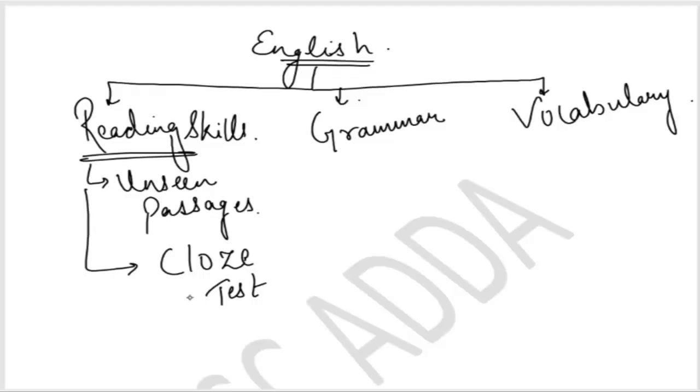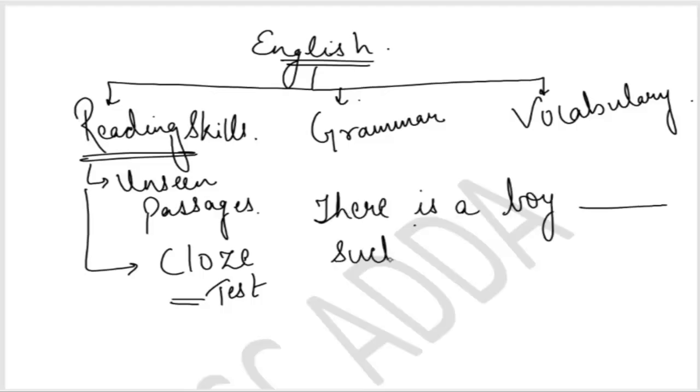No, ma'am. Alright, so close test is basically a passage with certain blanks in it. It is a kind of fill in the blanks. Suppose you are saying there is a boy dash such work.